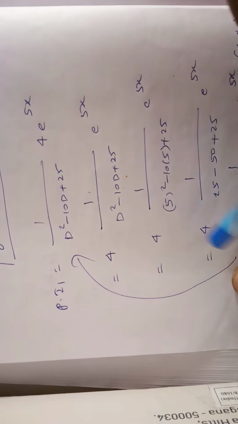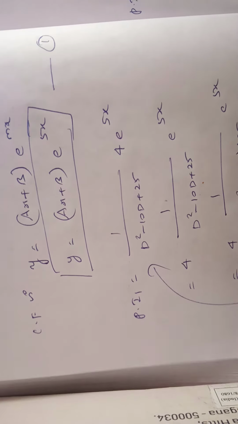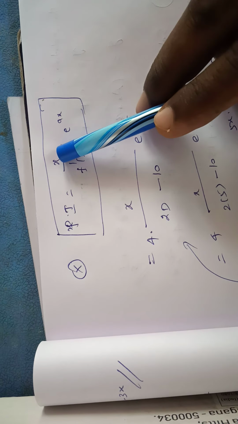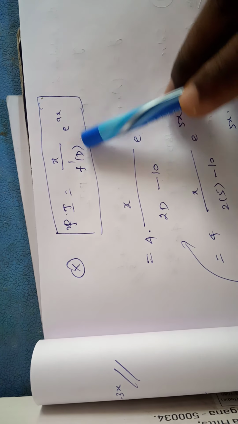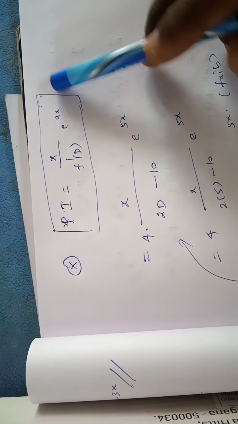So again go back to this function. We have to apply the already known property: we have to introduce x, divided by the differentiation with respect to D, and e^(x). So again go back to this function.